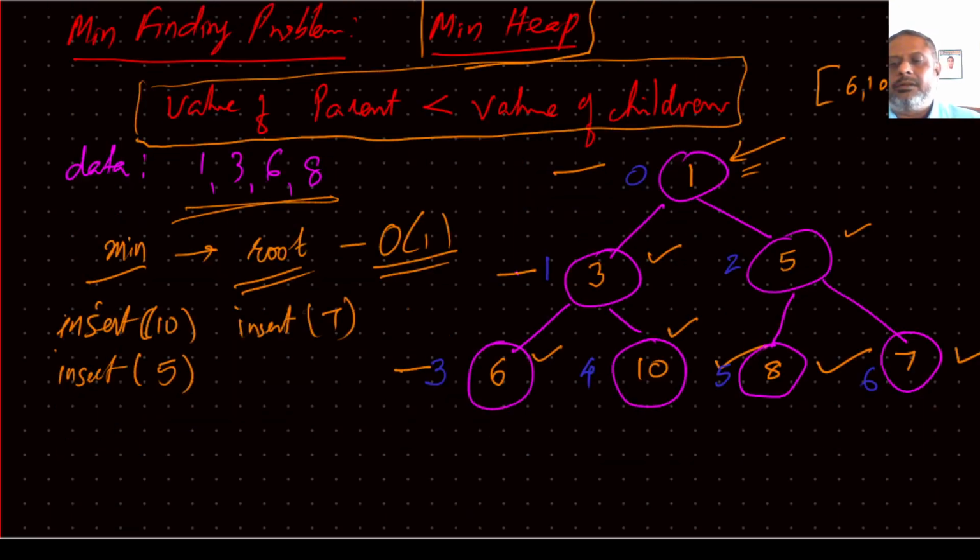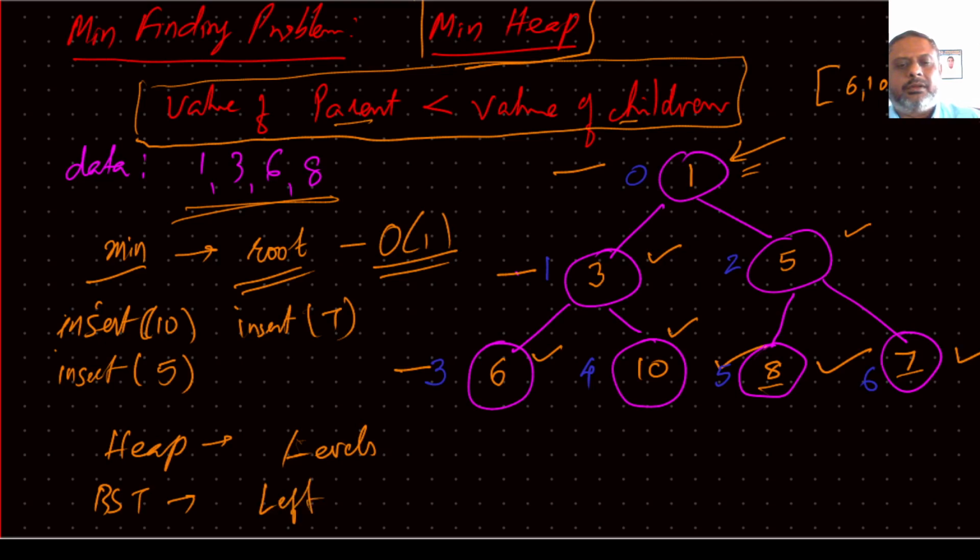Now here the left value is smaller, the right value is bigger; left value smaller, right bigger. But when it comes here, left is bigger, right is smaller. So nothing. Left, right, we don't have any issues. We have issues only with the parent and child. That's a heap. So a heap differentiates between the levels, whereas a binary search tree works with the left and right subtrees.